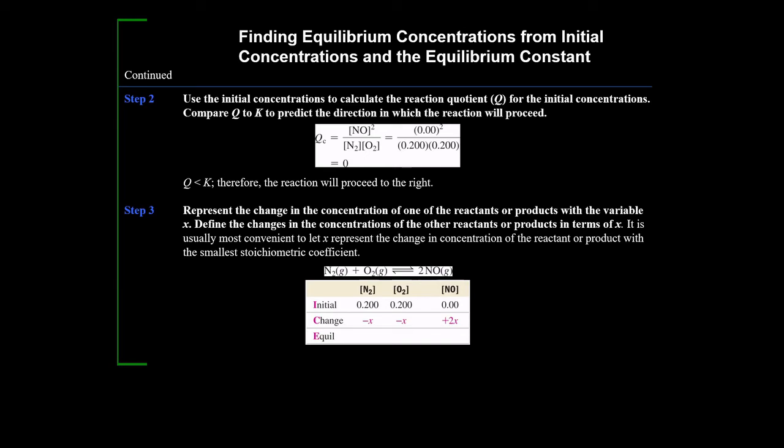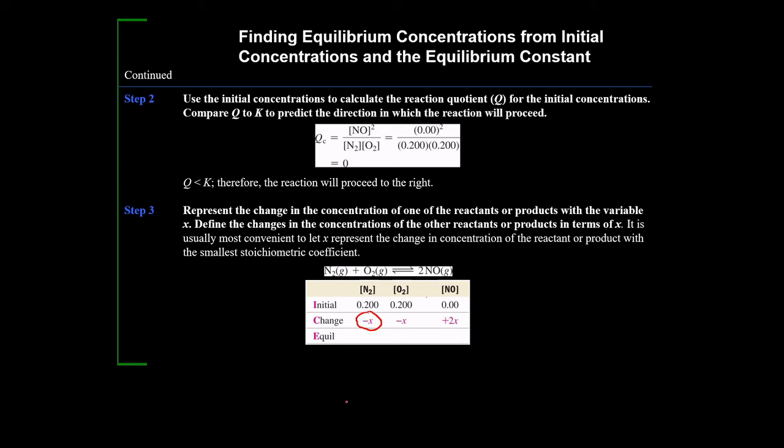So now getting back to the important stuff here. We're going to define all the changes in terms of x. So what we mean by that is we know, based on the stoichiometry, based on our balanced chemical equation, that this molecule, N2, is going to decrease. We know this because the reaction is moving to the right. We're making products, and we're using up reactants. And so we know it's going to decrease by some amount, x.